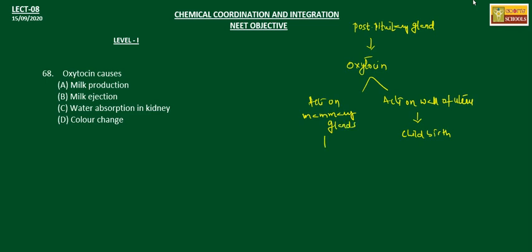The production of milk in the mammary glands is due to prolactin, whereas oxytocin helps in milk ejection. So does oxytocin cause milk production? No. Option B, milk ejection, is the right answer, not water absorption in the kidney or any color change. It doesn't have these functions. So option B is right.